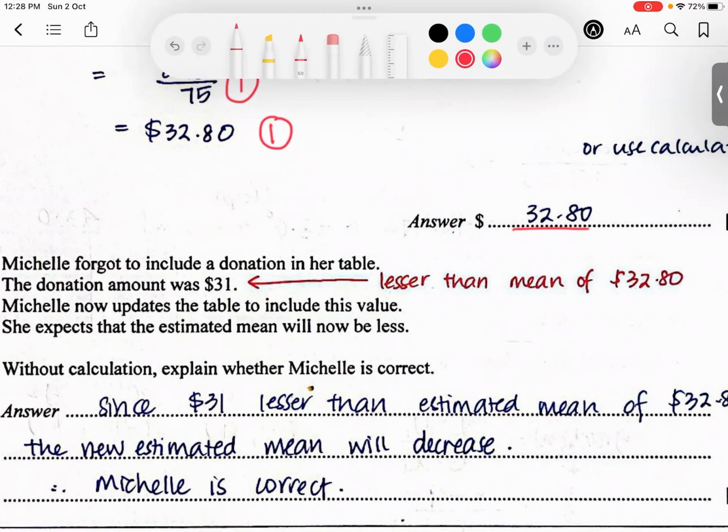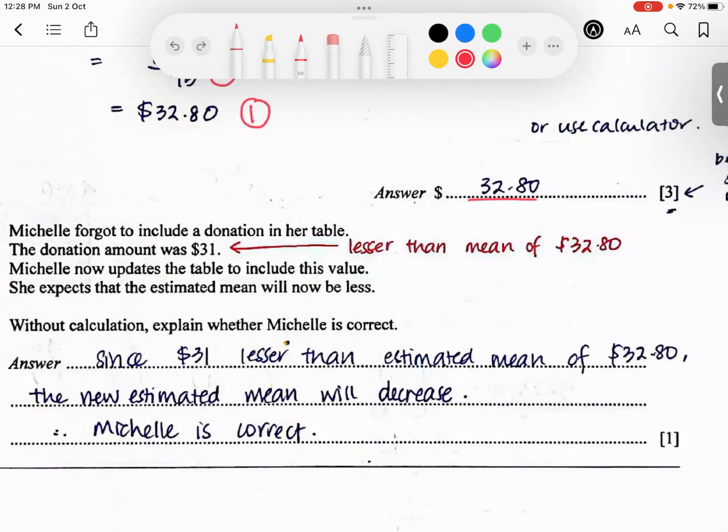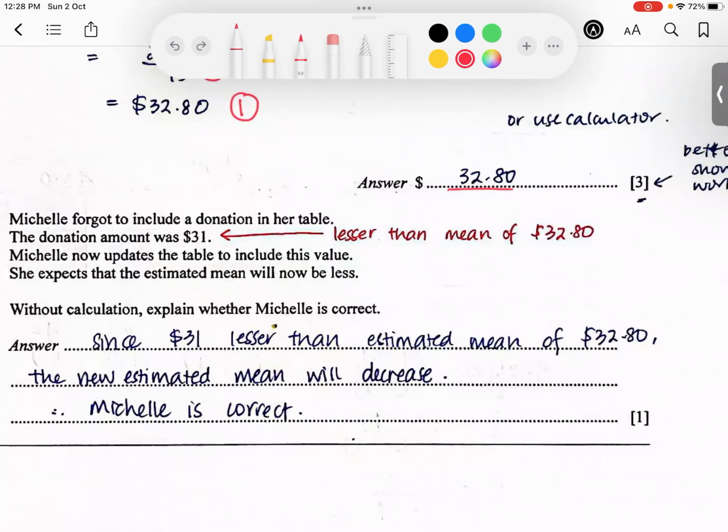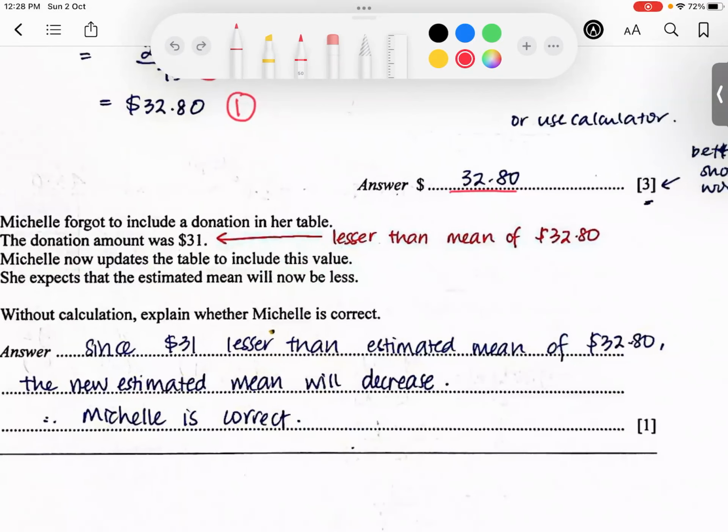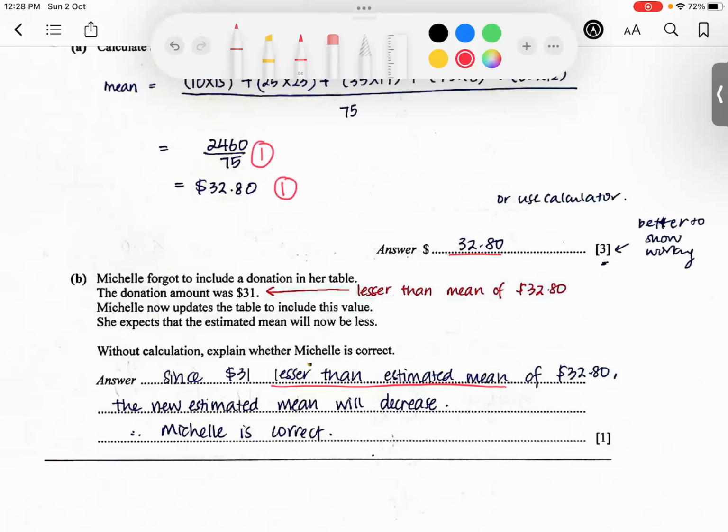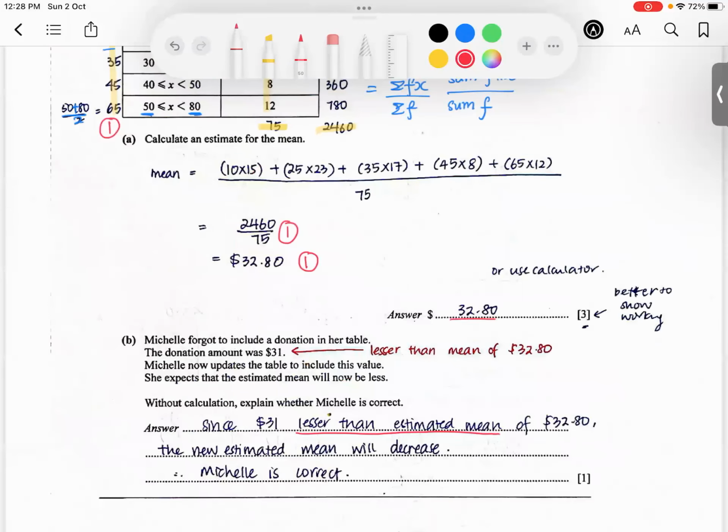So she expects the mean will now be less. Is it true? Yes, because you have to explain, since $31 is lesser than the estimated mean, it will decrease the mean. Therefore, Michelle is correct.